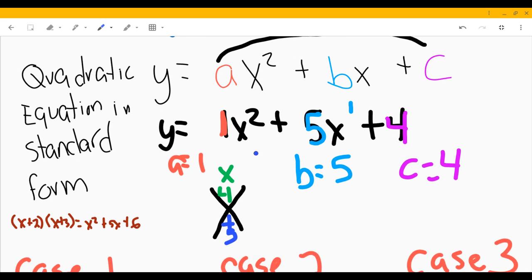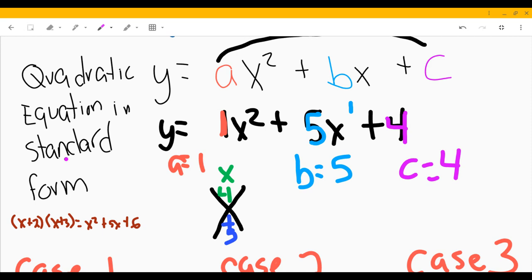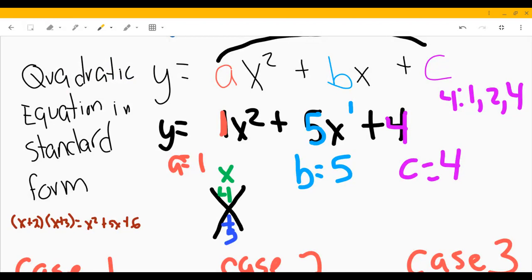So what two numbers multiply to 4 that add up to 5? Well, you can list out all the factors of the C value, which for this example is 4. So all the factors of 4: 1, 2, and 4. And I'll notice 1 times 4 gives me 4, and 1 plus 4 is equal to 5.